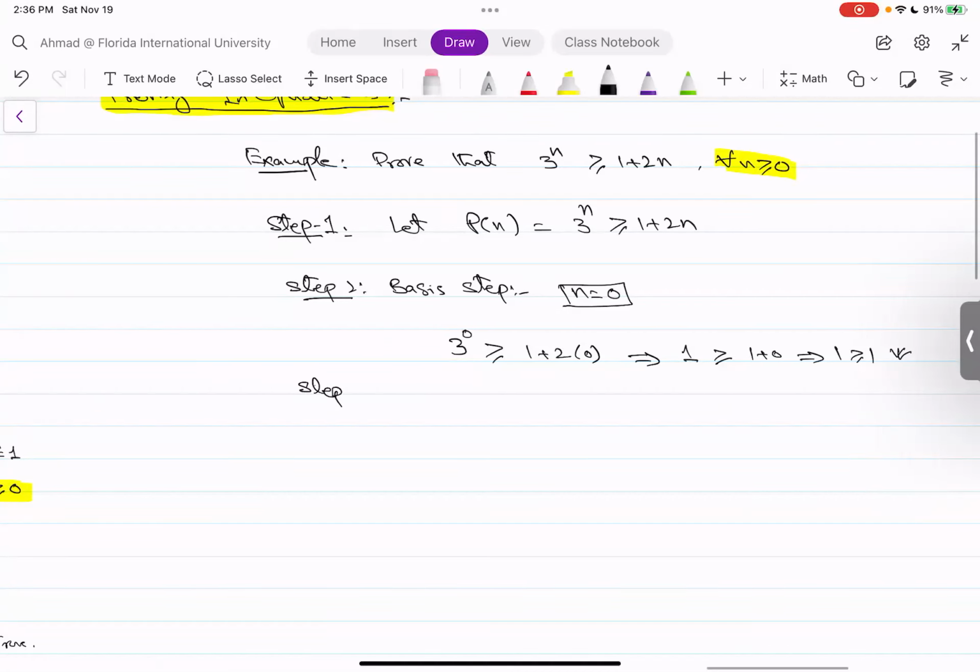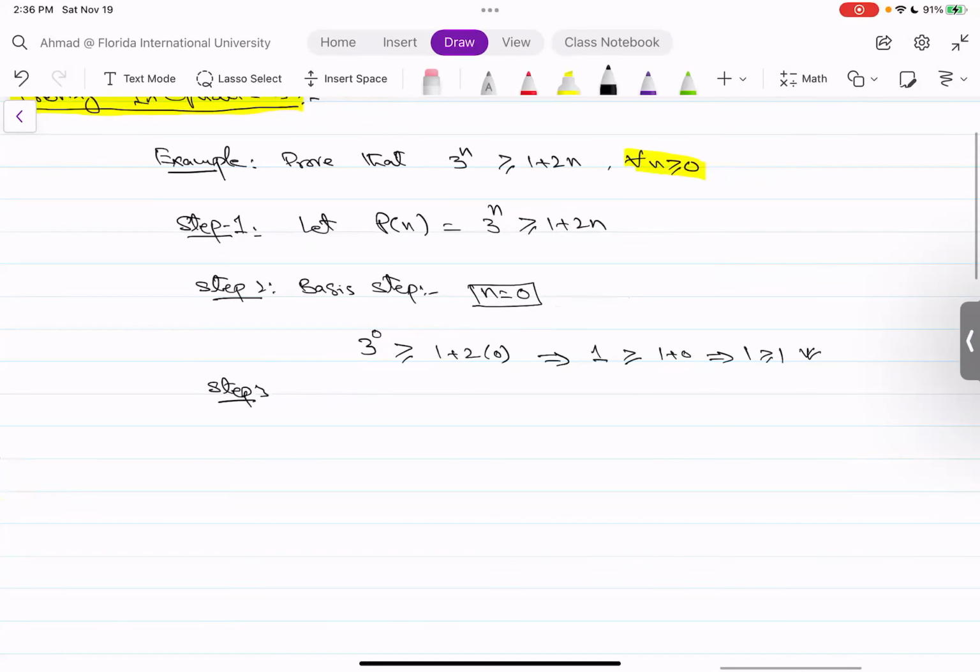Now, in step number 3, we are going to set up the induction hypothesis. What is my induction hypothesis? I will assume that, whenever we say induction hypothesis, it means we assume it for n equal to k.